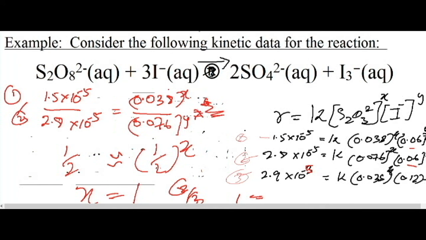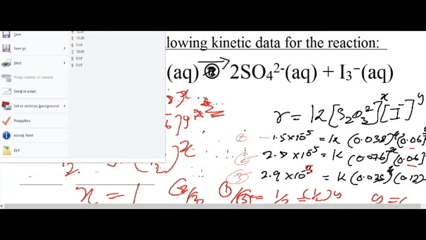You just find X and then consider 1 over 3, then 1.5 over 2.9, approximately equal to half on the other side, also half into Y, then Y also 1. So X equals 1, Y equals 1.